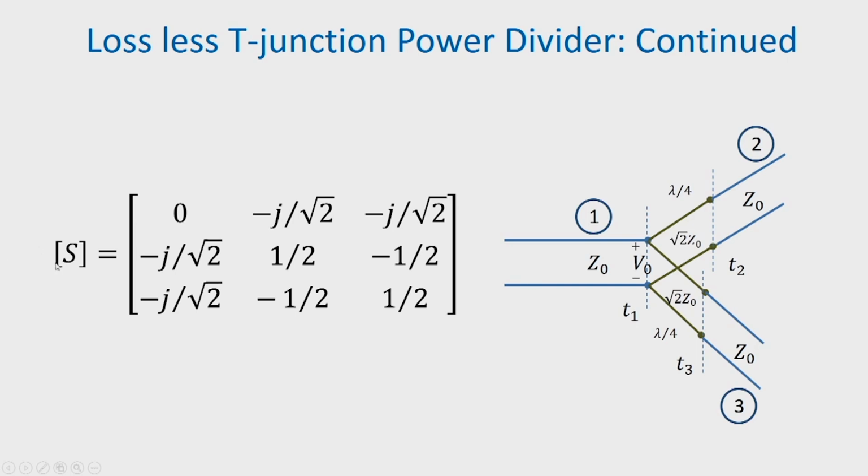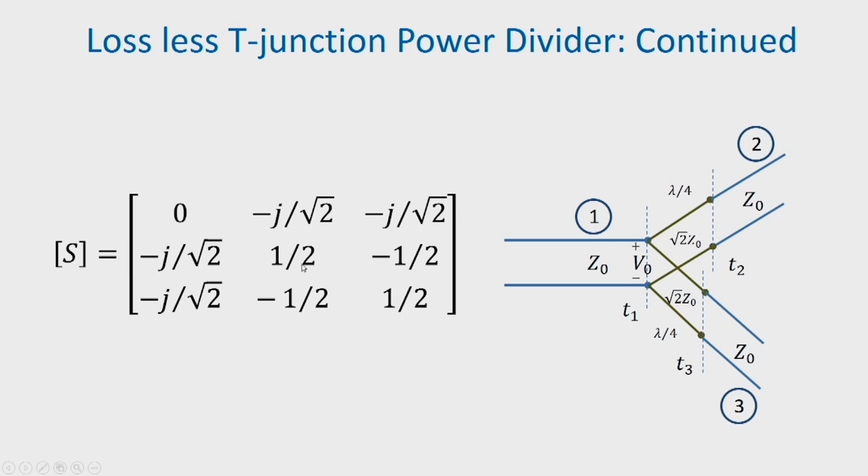So, if we find the S matrix for this junction, we will get S11 0 as before, and we can see that because of the shifting of the terminal planes, now we have minus j 1 by root 2, minus j 1 by root 2 as the values of S21 and S31.